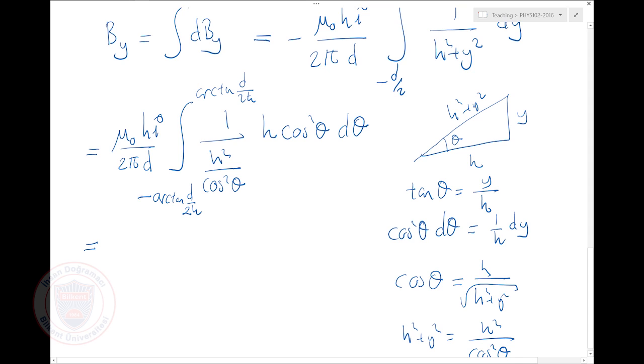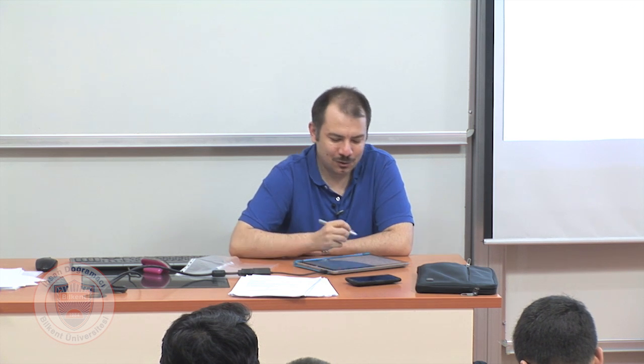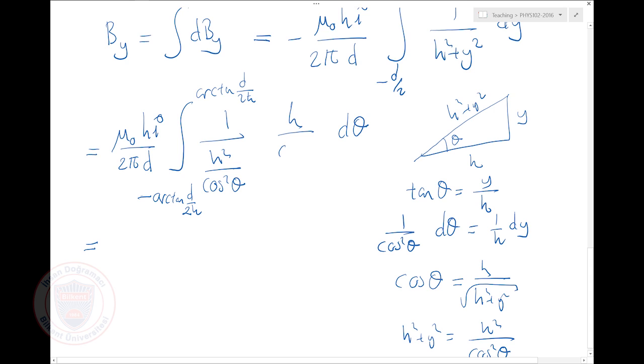What's the derivative of a tangent? Come on. 1 over cosine squared theta, right? Or 1 plus tangent squared theta, which is the same thing. So this guy actually is not h times cosine squared theta. It's going to be h divided by cosine squared theta.